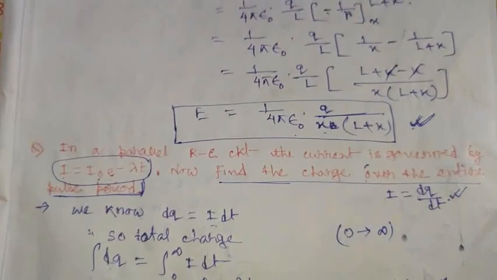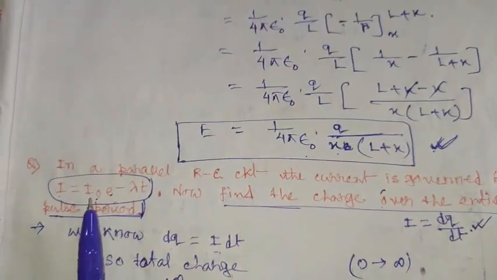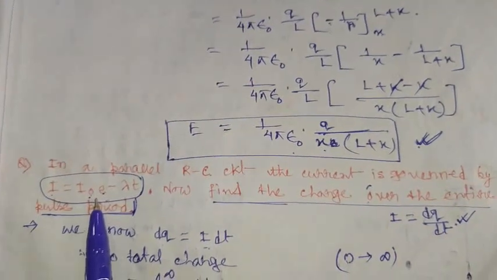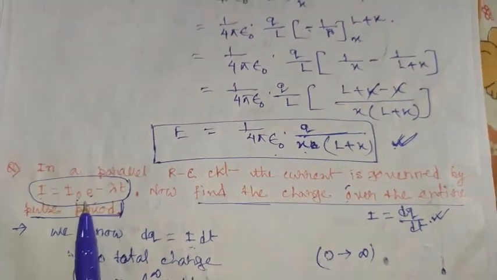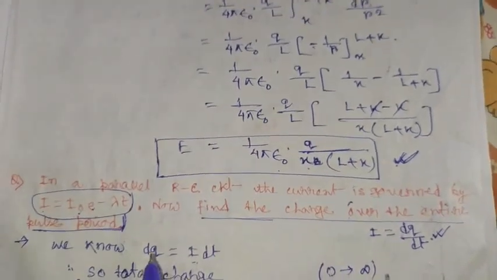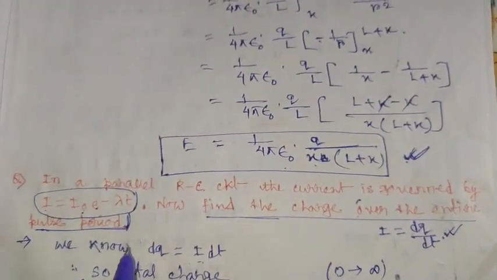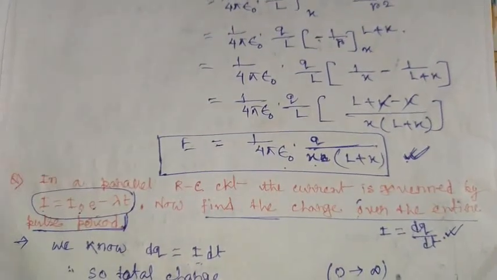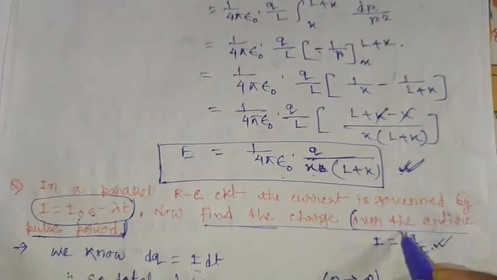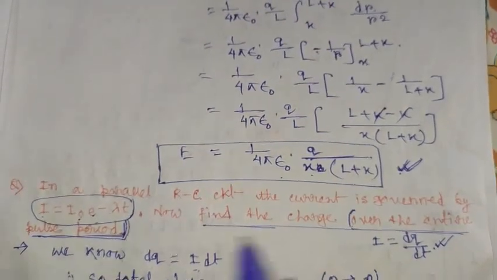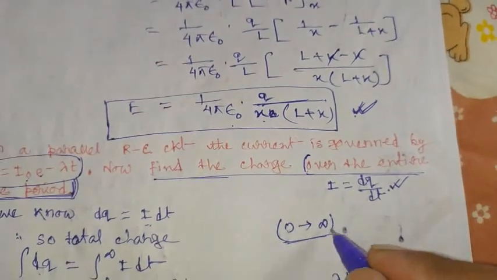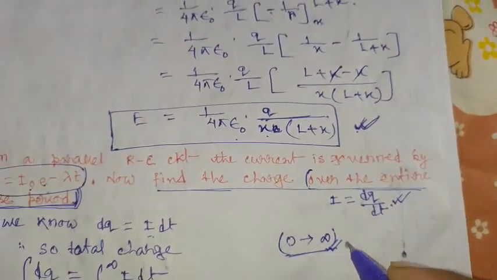So as long as current is there, the charges are also flowing through this circuit. That means after time t equals infinity, the charge will have its maximum value. That means the entire pulse period means the time interval from 0 to infinity.